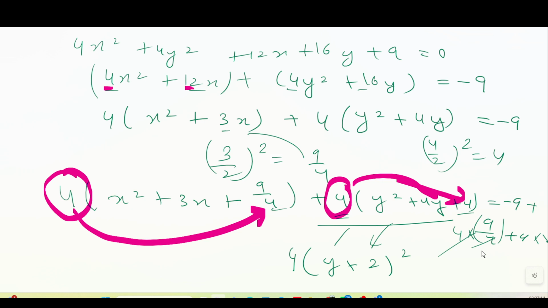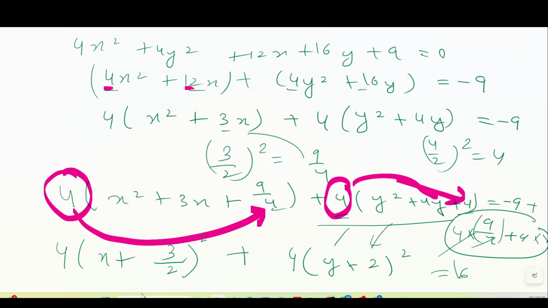And the other part will be 4 times x plus 3 over 2 whole squared, because the square of 3 is 9 and the square of 2 is 4. And if we solve this part, negative 9 plus 9 and 16, this is going to be just 16.